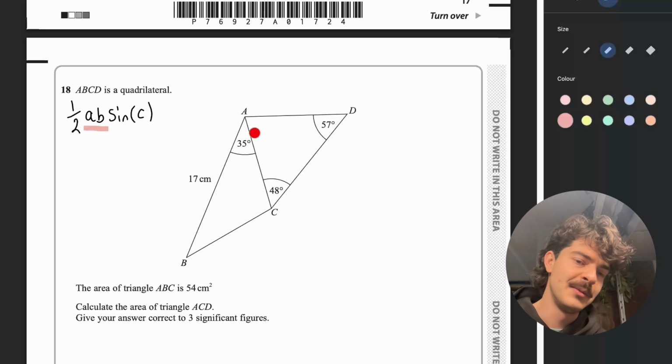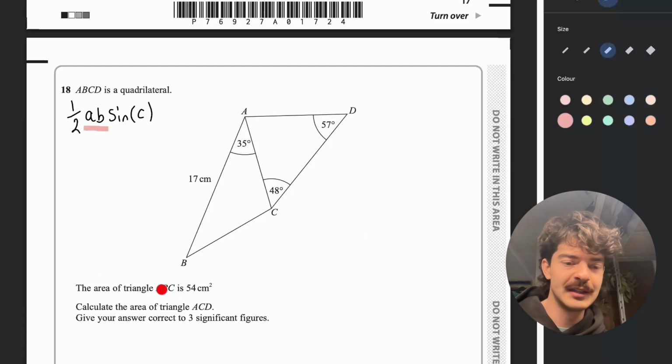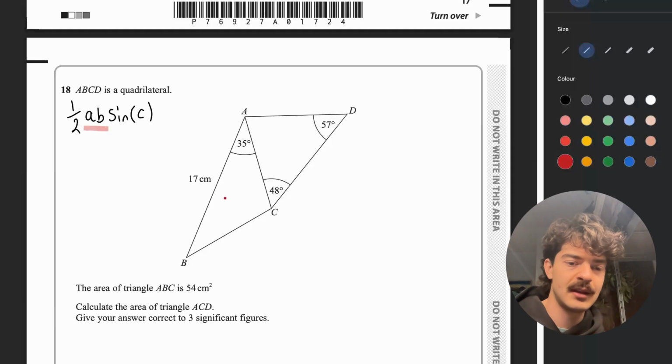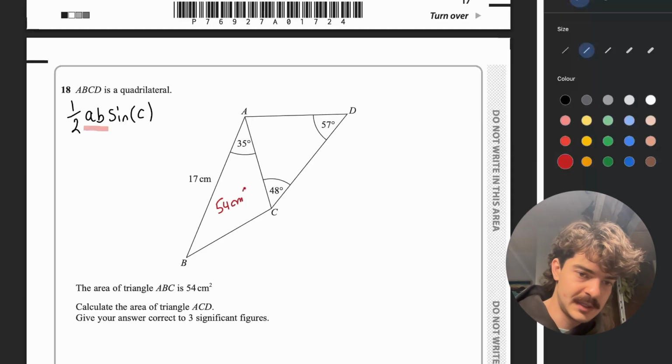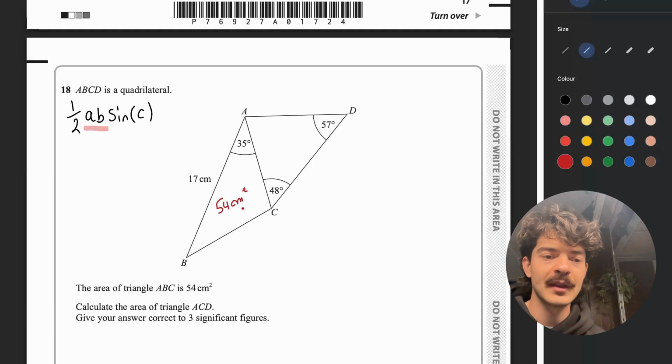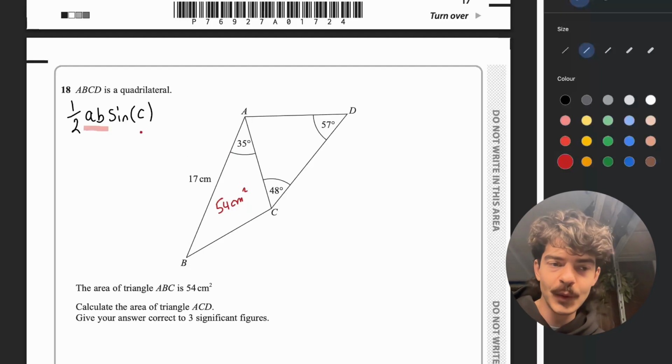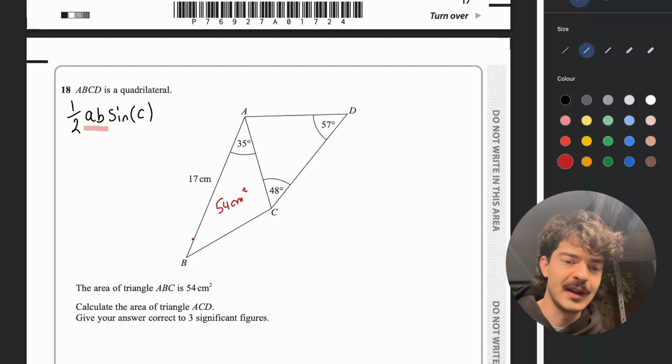Well, I would say that we know originally that the area of triangle ABC is 54 centimeters squared. Let's write that in there. So this is 54 centimeters squared. And we know that the area of this is also derived by this formula, half AB sine C. We've got a side A, and we've got an angle, C. And remember that this means that it's opposite this side.